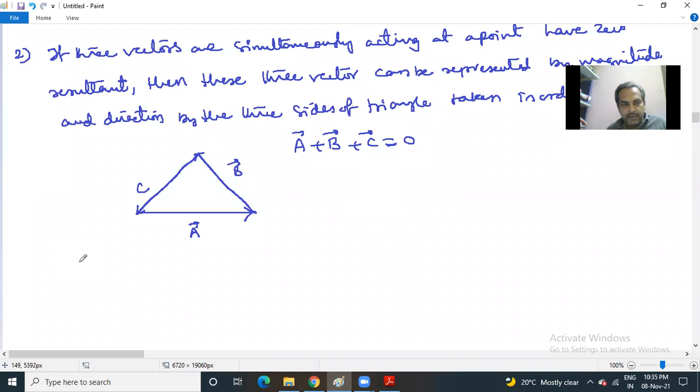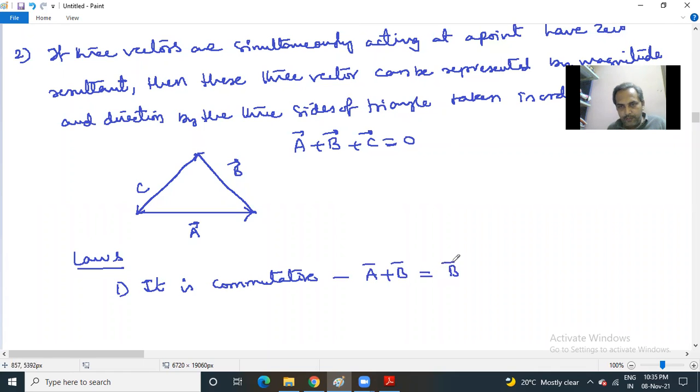So there are laws here for vector addition. So first is it is commutative. So it means A plus B is equal to B plus A. So second is it is associative.